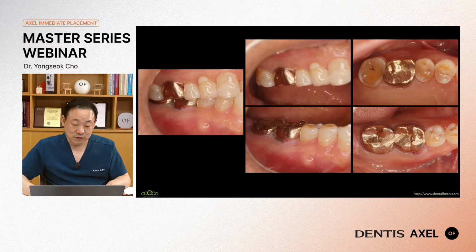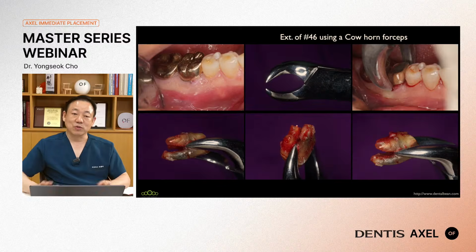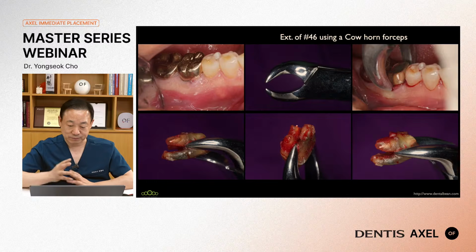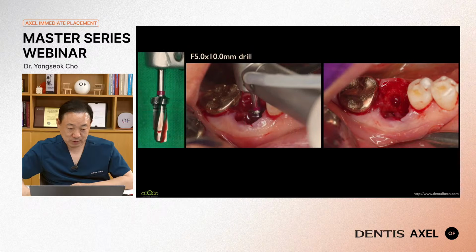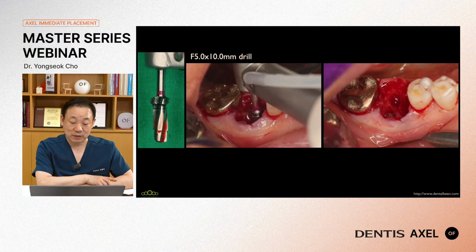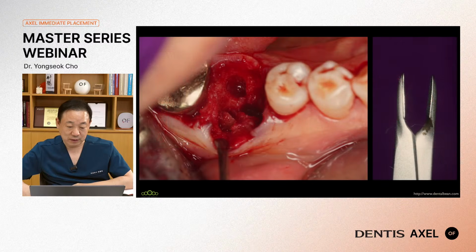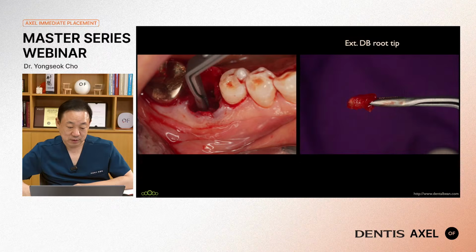We can see the fistula on the buccal side. Again, I tried to use Cowan forceps, but just the crown and medial root were extracted. The distal roots, this lingual and this buccal, were fractured. Here I tried osteotomy with a 10 mm drill and extracted the distal roots.